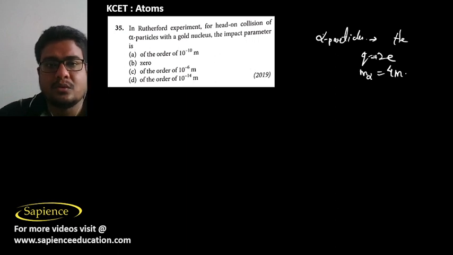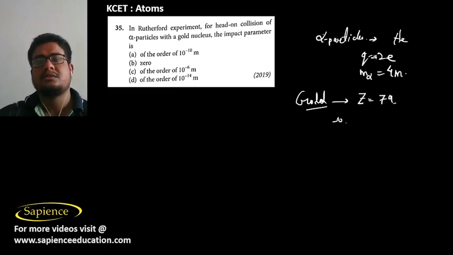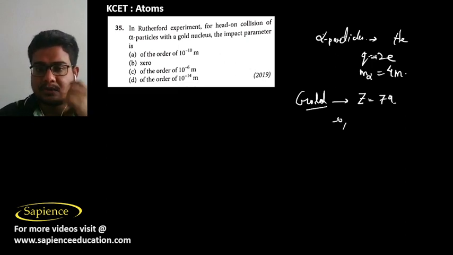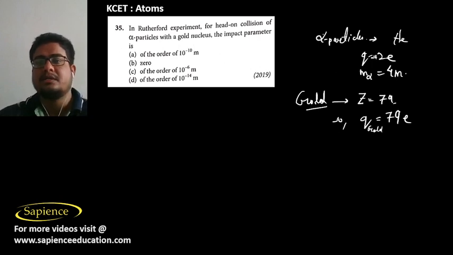And for the gold nucleus, the atomic number is 79. So the charge of the gold nucleus is plus 79e. Then the impact parameter has been asked.